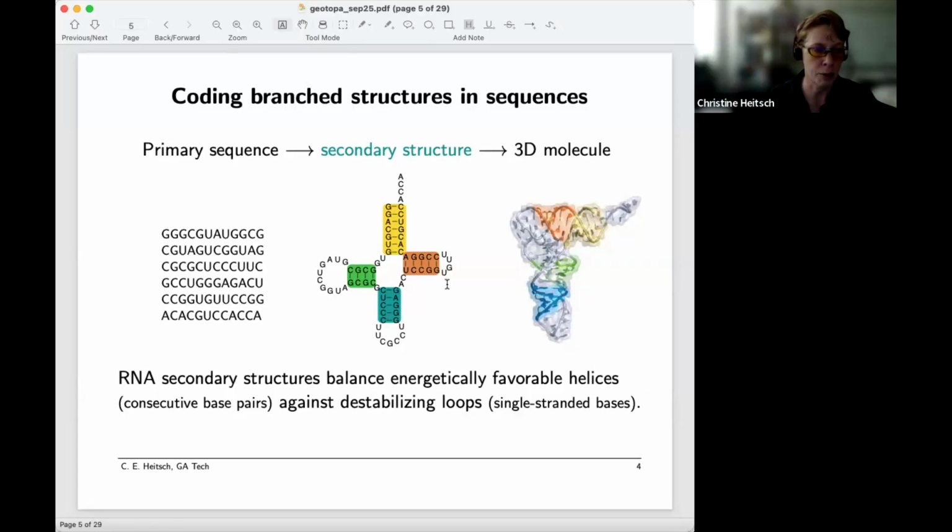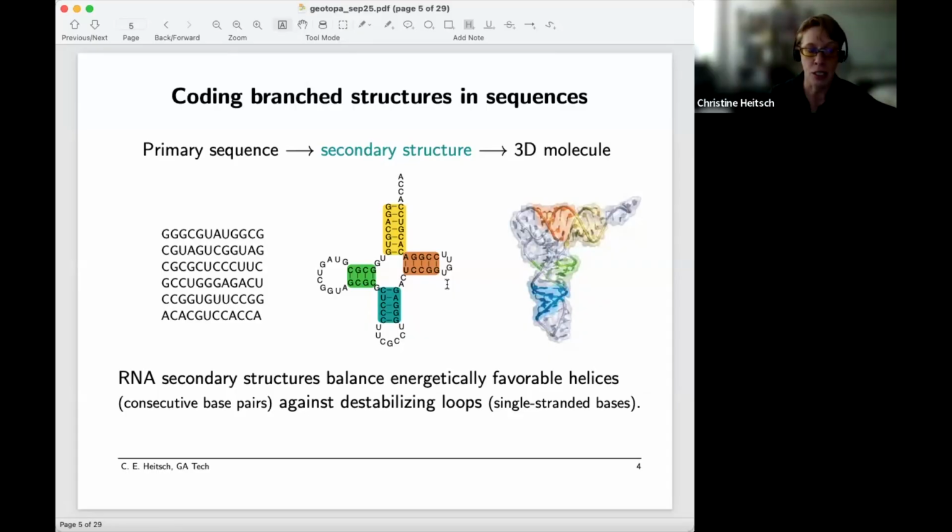Now, as you may already be thinking, is this the only secondary structure? And the answer is definitely not. An RNA sequence has exponentially many possible secondary structures in terms of the sequence length. And so why this one? One of the ways that we think about RNA folding is that it should adhere to basic biophysical principles, which is it should be thermodynamically favorable.